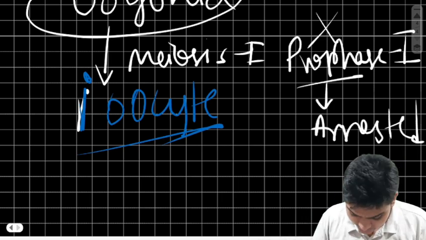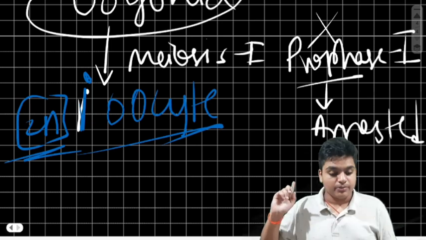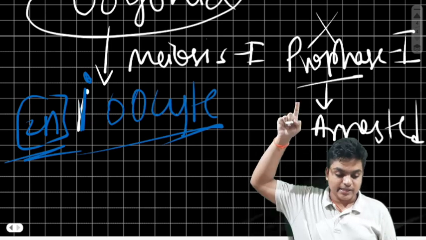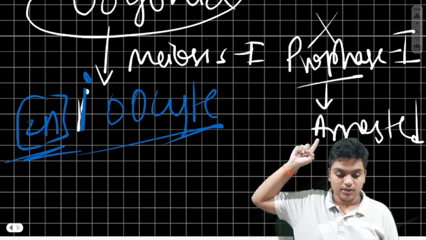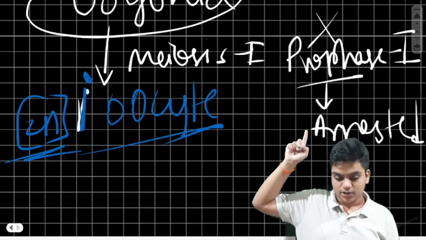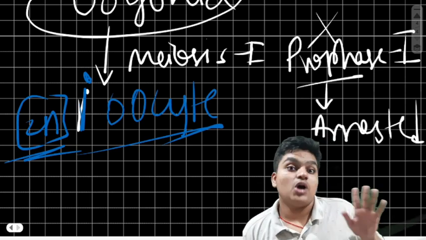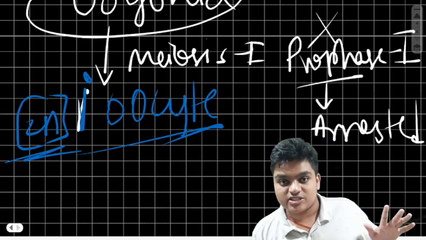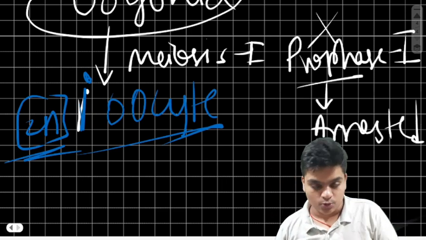This primary oocyte is diploid since it didn't complete meiosis. It got arrested in prophase 1 itself. No meiosis is completed, so this primary oocyte is diploid.